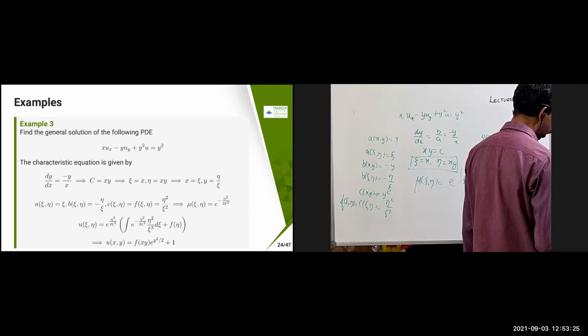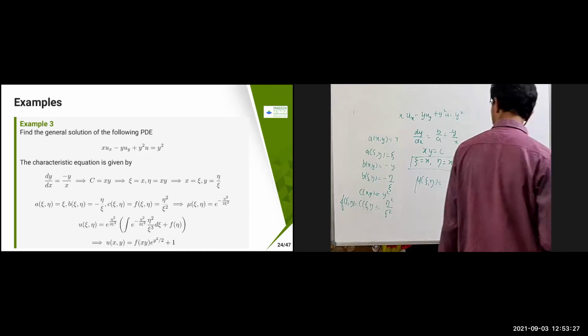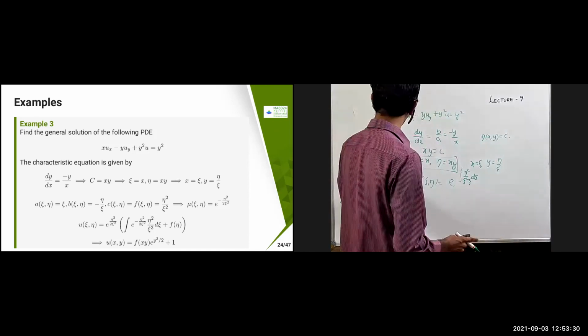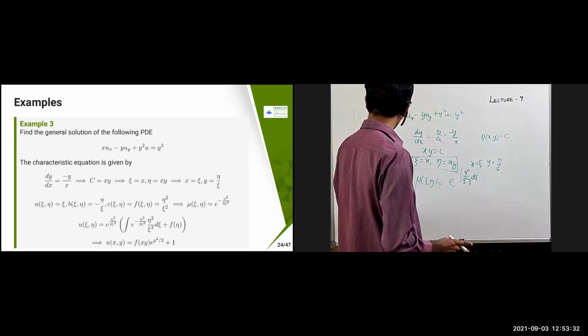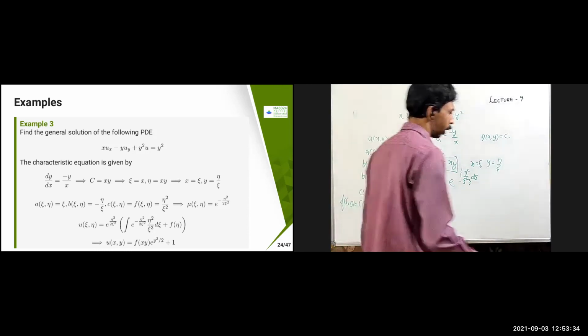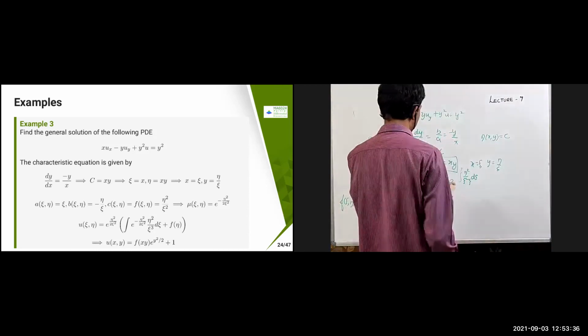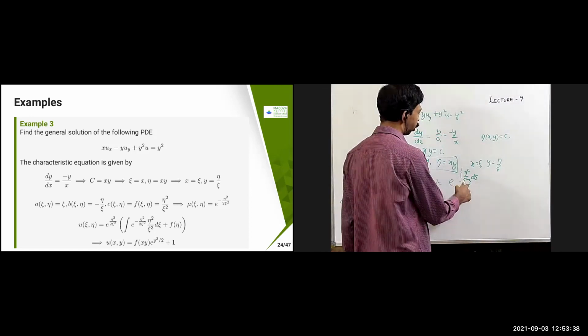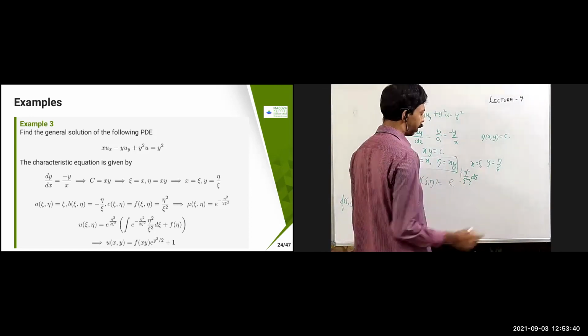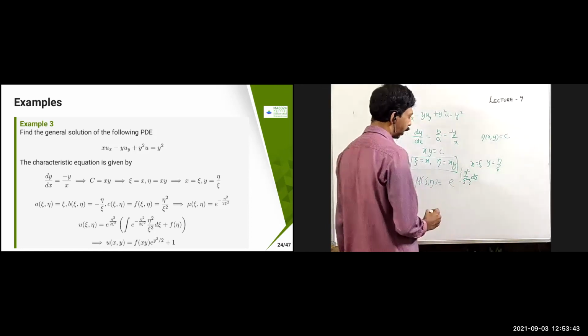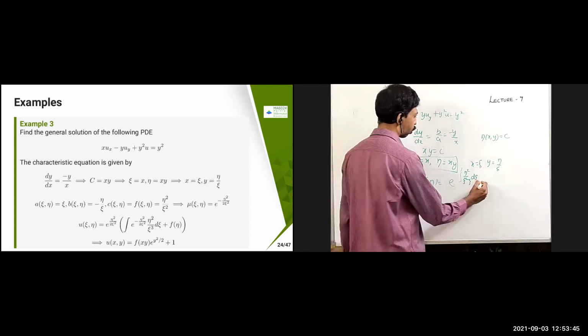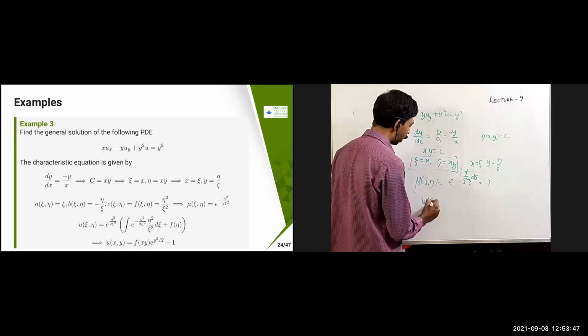I think it should be plus, right? Eta square by chi square, it should be plus, I think. Just verify that. So it should be plus, and eta square by chi square and chi cube is going to be there. Then integrate and check what your mu of chi comma eta is. Then you obtain that.